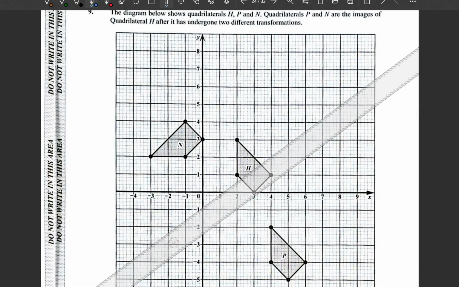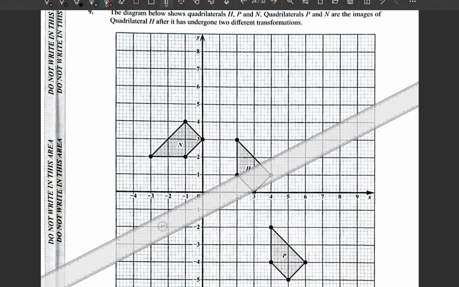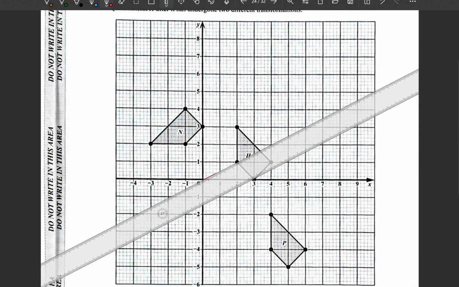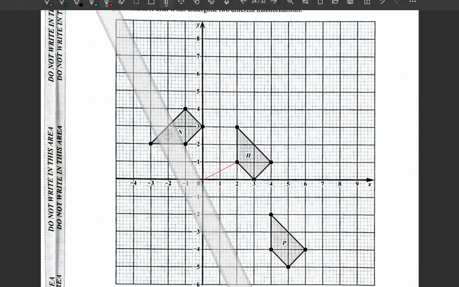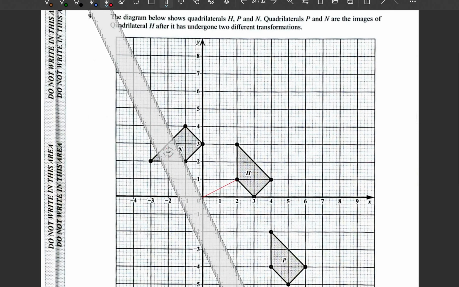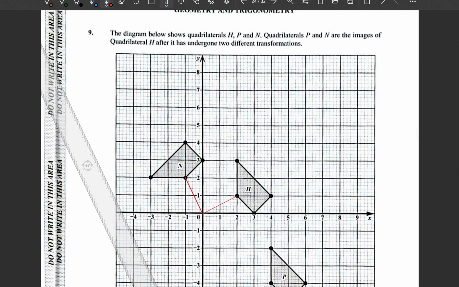So let's draw 2 lines to the origin. Then we take our protractor and measure what that angle is.